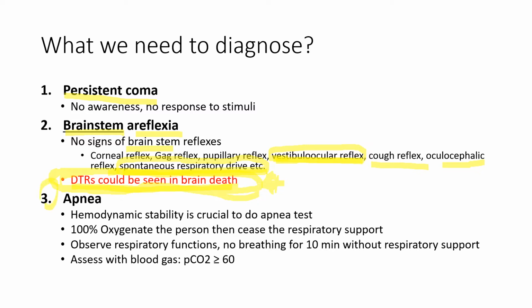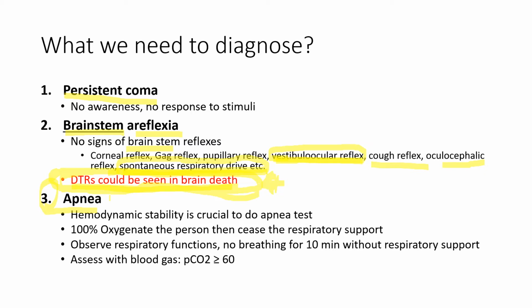So the third thing is the apnea test. This is important. The apnea test is done to assess whether the patient has respiratory drive or not. But we need hemodynamic stability to do the apnea test.